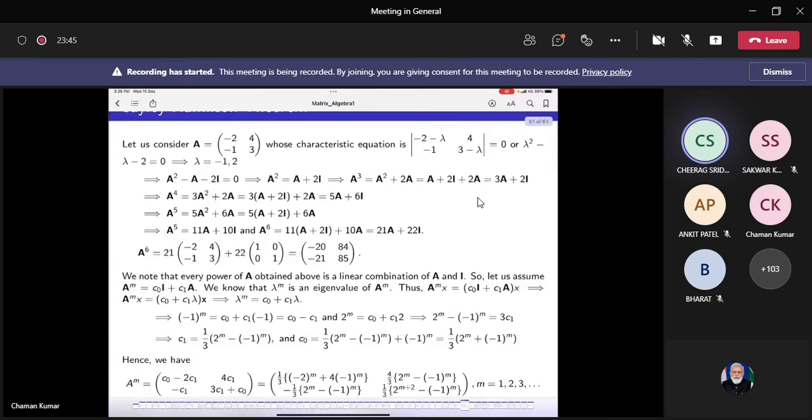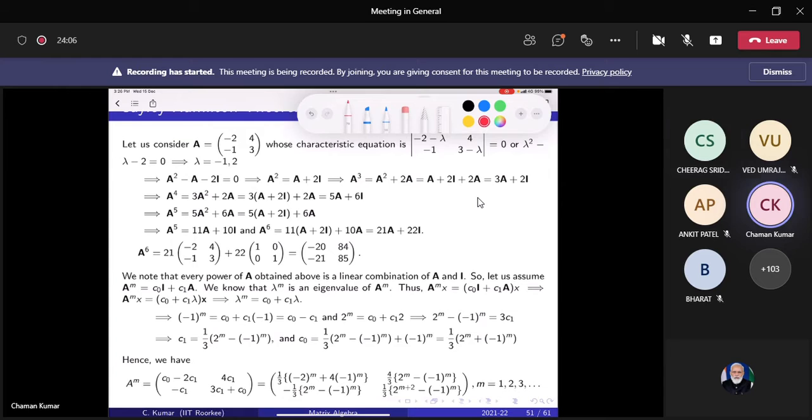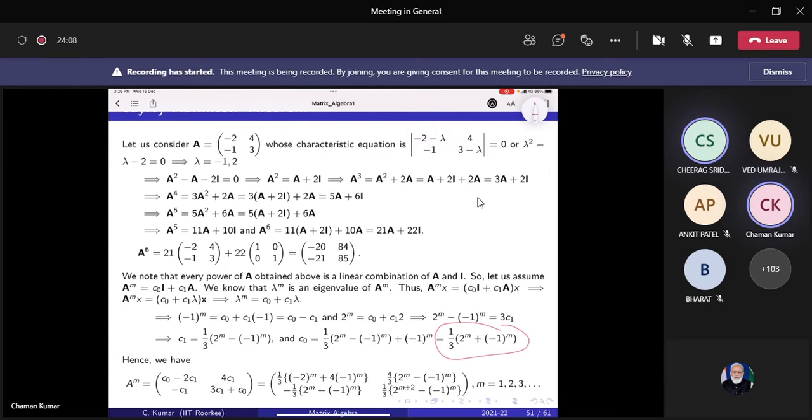Sir, here C naught equals 1 by 3 times 2 raised to power m minus 1 raised to power m. Sir, when we take LCM, it will become plus 2 times minus 1 raised to power m on the right side. So you mean to say that this expression is wrong? Yes, sir, C naught.